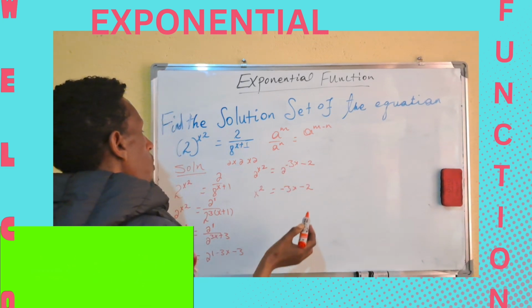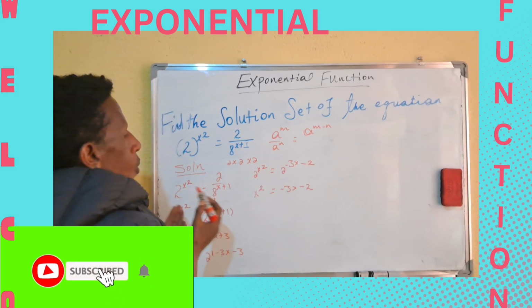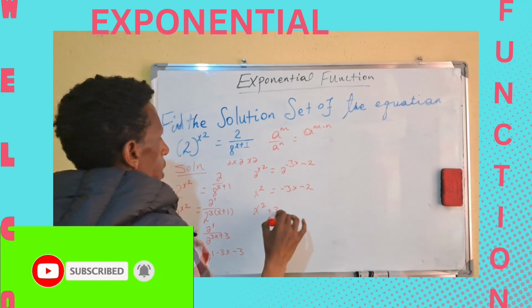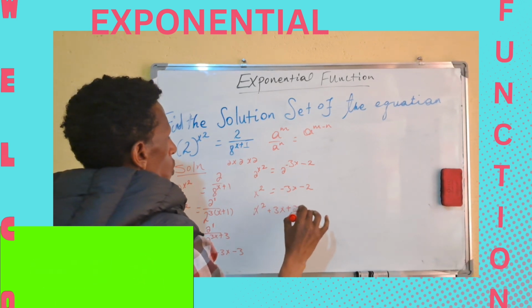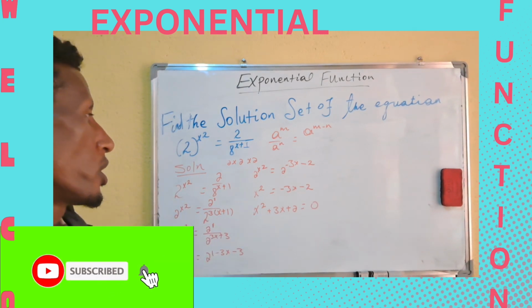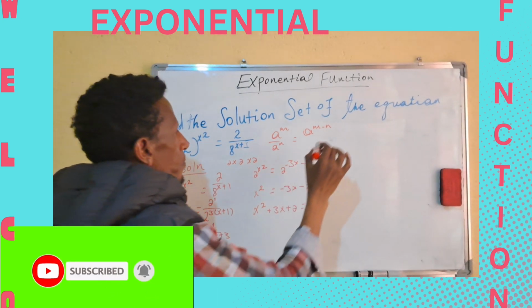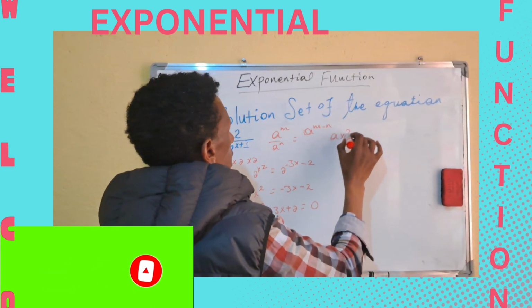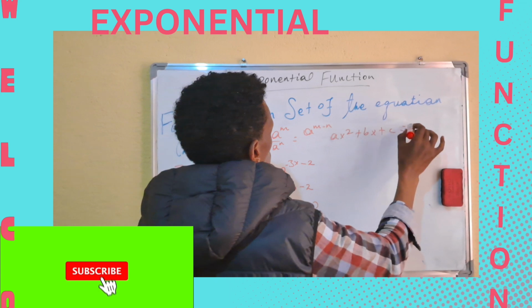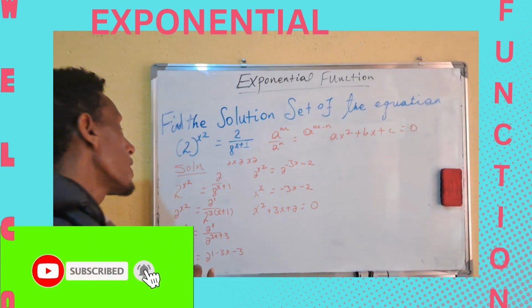Now we have to take them into one side. So x squared plus 3x plus 2 equals 0. Now this is a quadratic equation. We know that ax squared plus bx plus c equals 0.